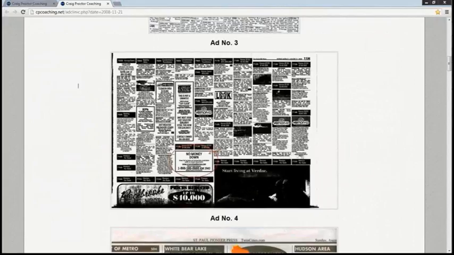Here's a double wide ad, no money down. Part of the battle when you are running your classified ads is that they really do need to stand out. Anything you can do to ensure that eyeballs are drawn towards your ad, you'll very likely find will increase the response.